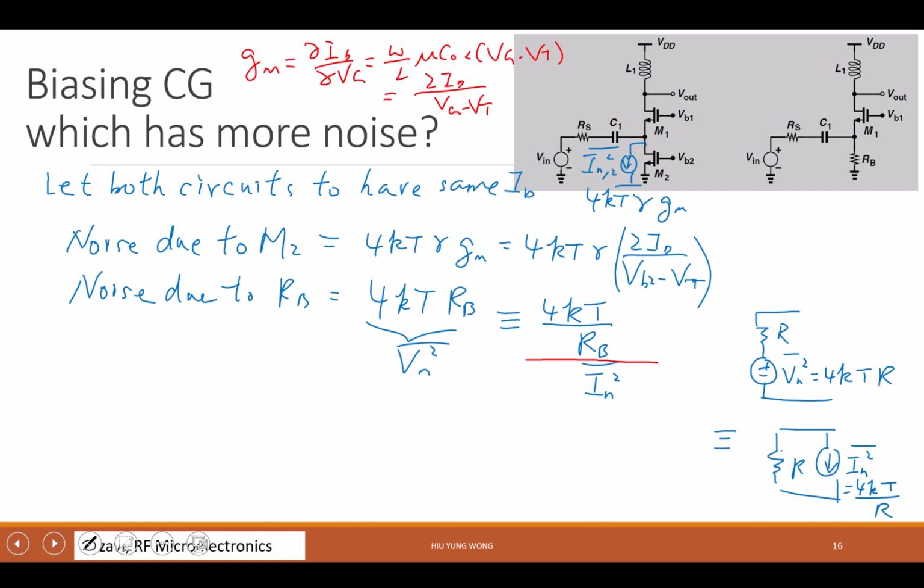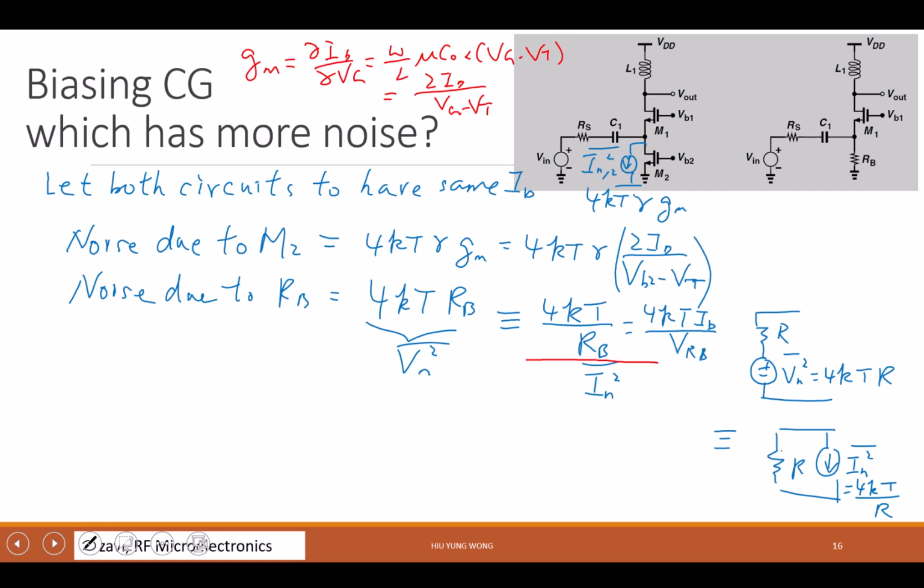Yeah, RB, right? And what is RB? RB is just equal to VRB, the potential across this resistor, divided by ID, because the voltage across this resistor divided by ID is equal to RB.